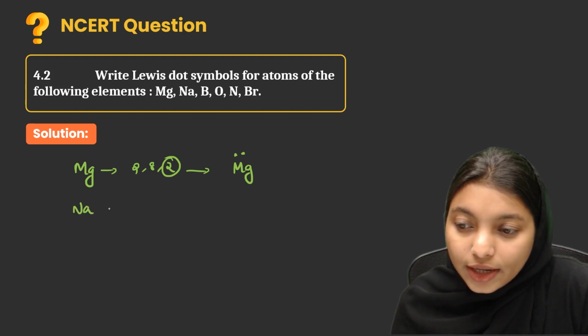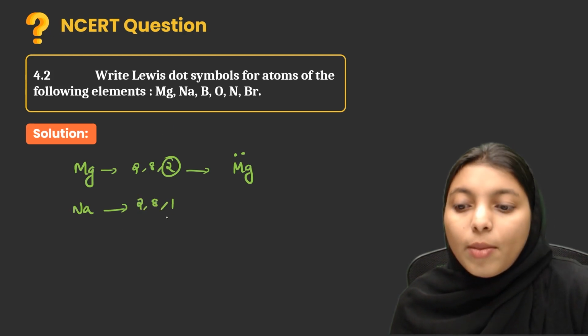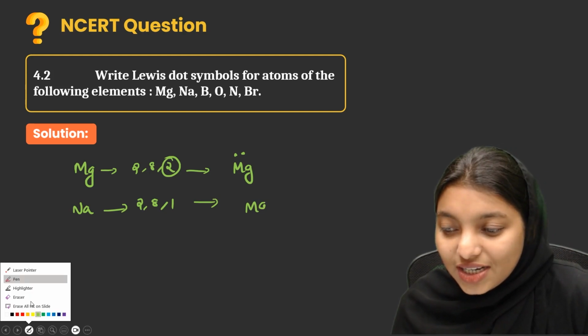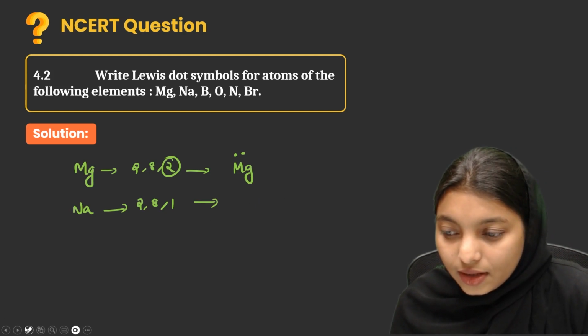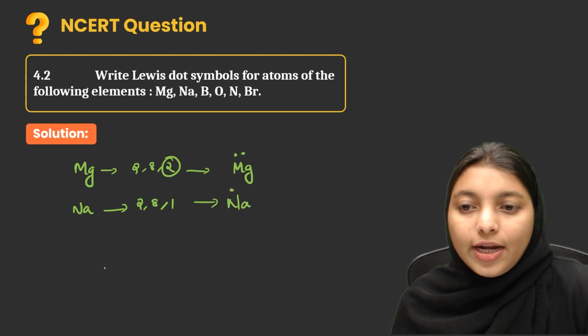Coming to sodium, it will be 2, 8, 1. So we write it not Mg, but Na with 1 electron.